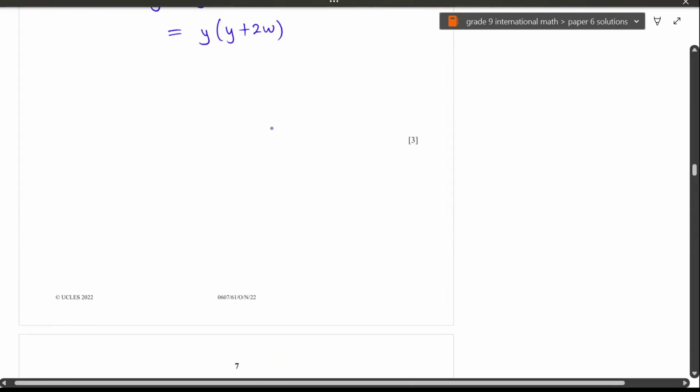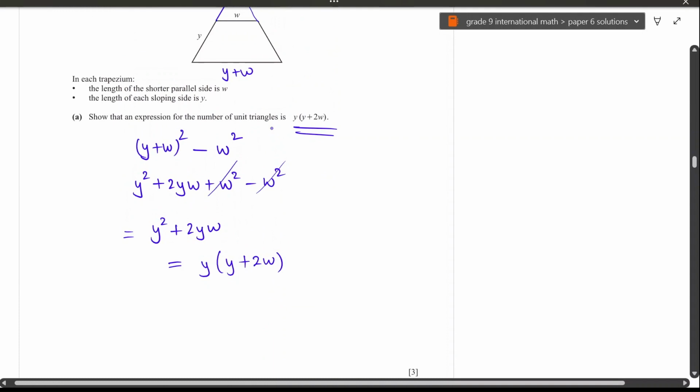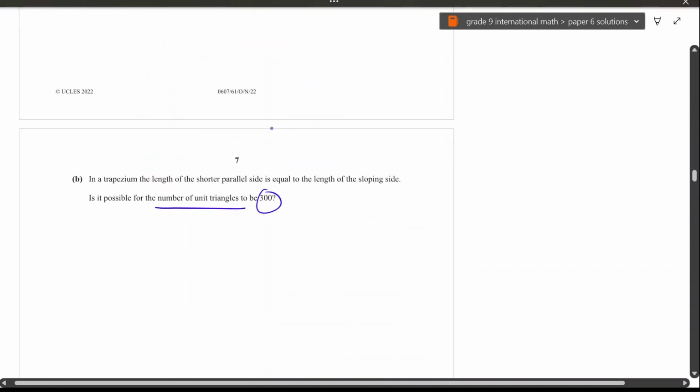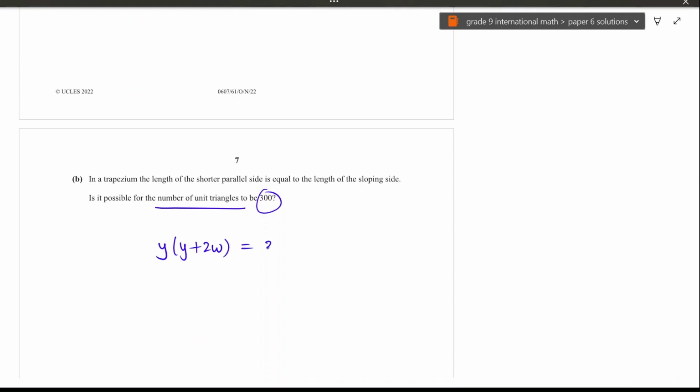This formula, Y into Y plus 2W, is equal to 300. The other condition is that the length of the shorter parallel side is equal to the length of the sloping side, so we can just equate Y and W together.